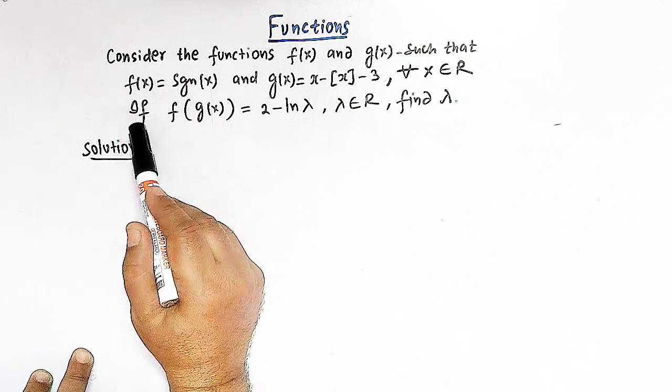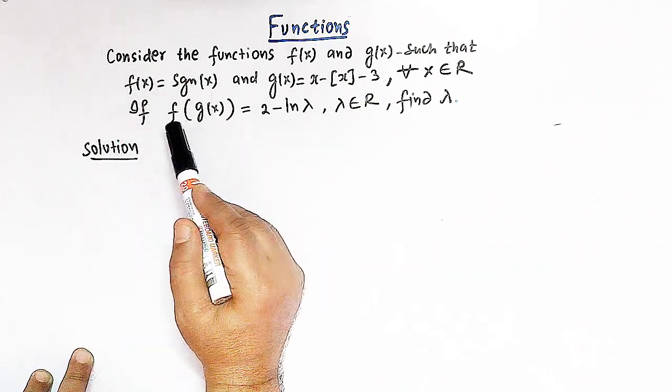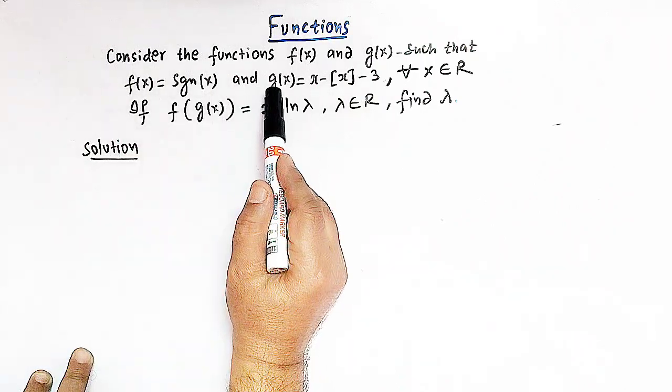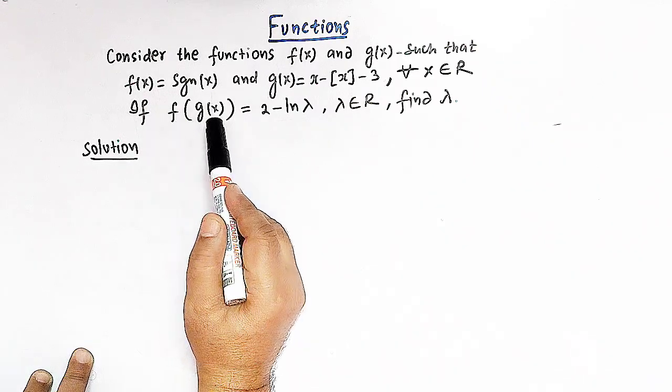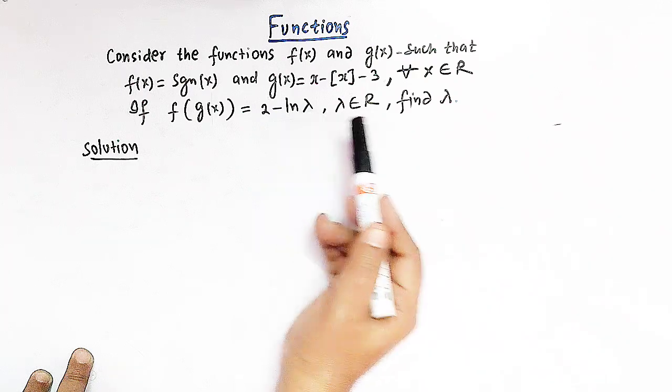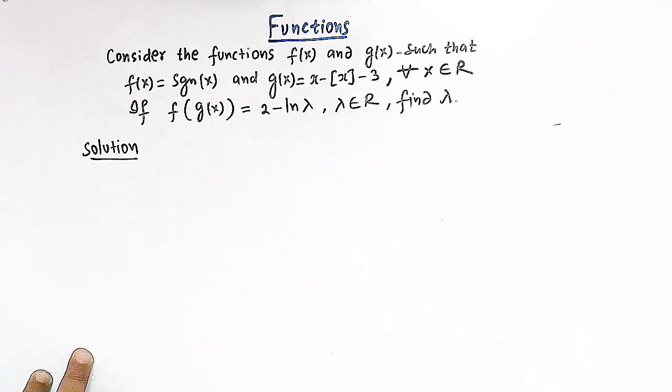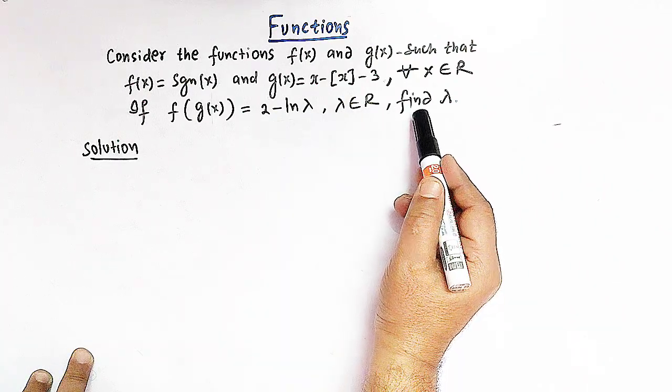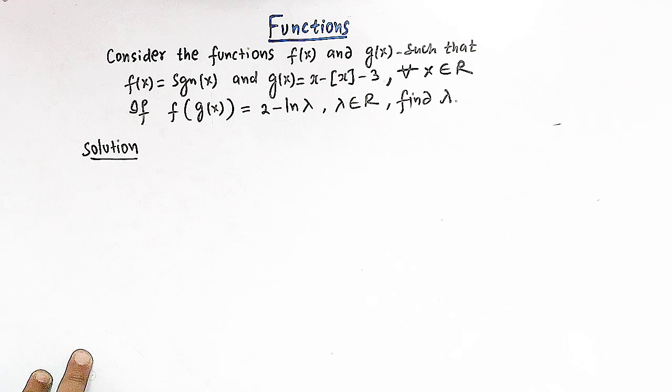Further, we are given that the composition of the functions f and g, that is f of g of x, is equal to 2 minus natural log of lambda, where lambda belongs to R, and we have to find the value of lambda.